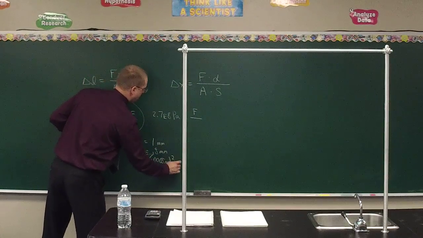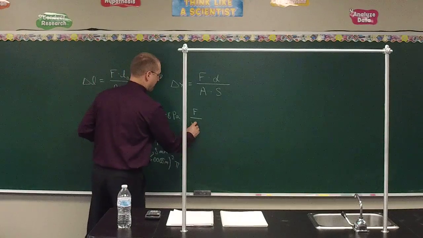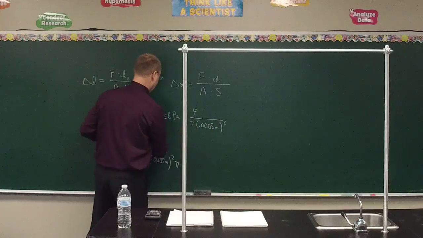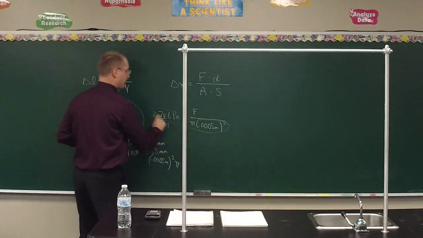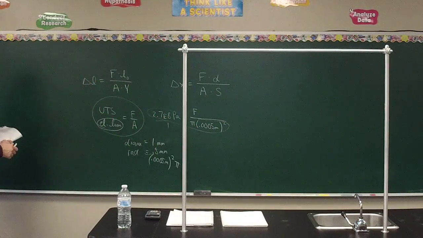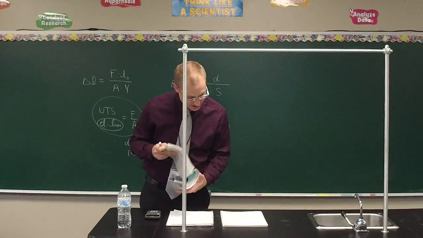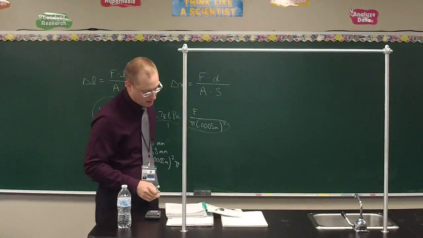That radius has to be squared and then multiplied by pi. So we're going to take pi times 0.0005 meters squared, and putting that over 1, we'll just multiply the extremes of the proportion to get the force needed. What did you get for the force required to get to the elastic limit? Michael?